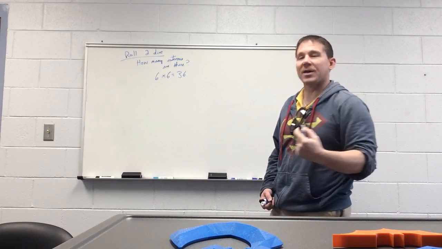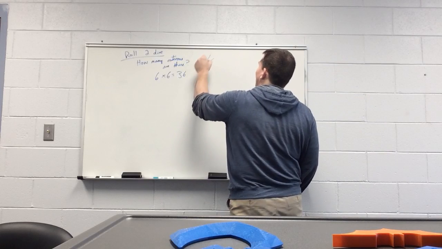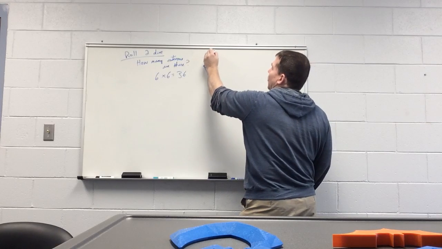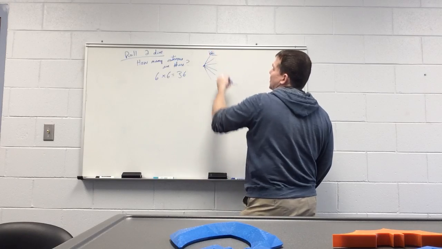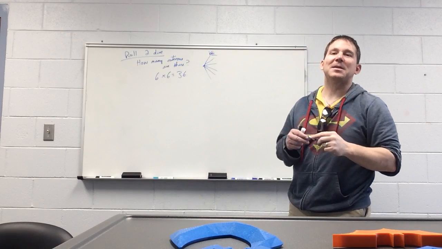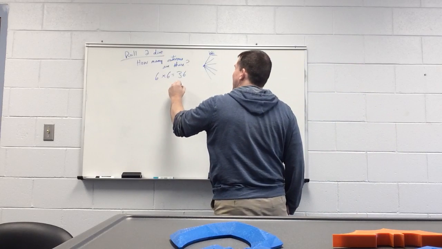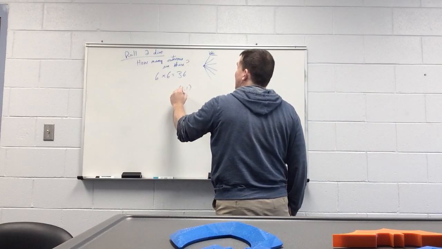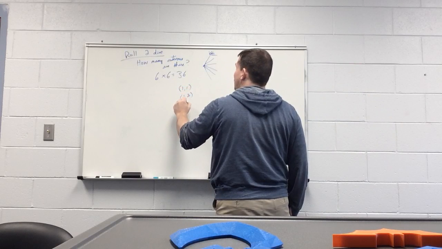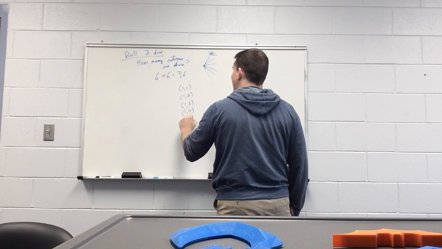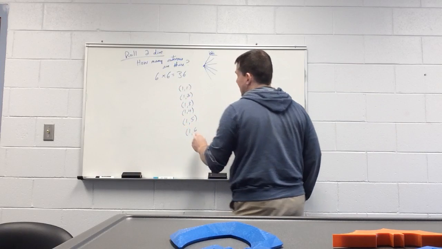You could draw a tree. First branch, you'd have 6 possible outcomes. Second roll, you'd have 6 branches on each of these. I'm sketching that quick because I'm not going to do it. Easiest way to list these out, I can get a 1,1, 1,2, 1,3, 1,4, 1,5, 1,6.